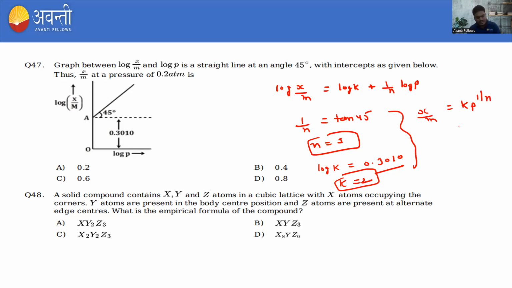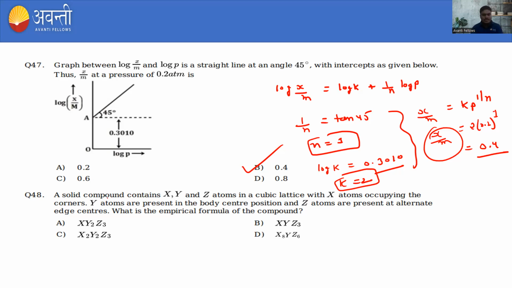So x/m is equal to 2 into 0.2 raised to the power 1. So it comes out to be 0.4. So this is the value of x/m, that is 0.4. Option B is absolutely correct for this question.